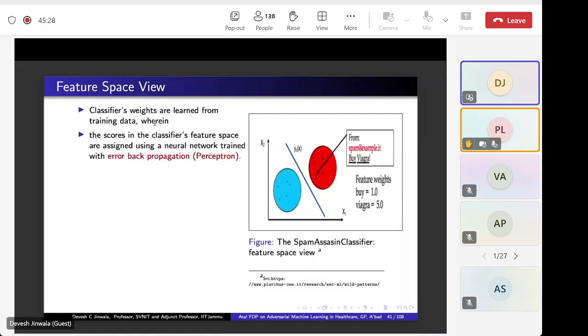The classifier's weights were learned from training data. So this would have happened during training, wherein the machine learning designer would have known what weight values must be attached in order to consider a mail as a spam mail. And that happens using, if we think of a neural network, the perceptron and error back propagation, in order to train the model so that it is able to do this classification.